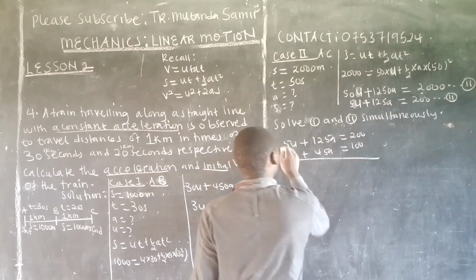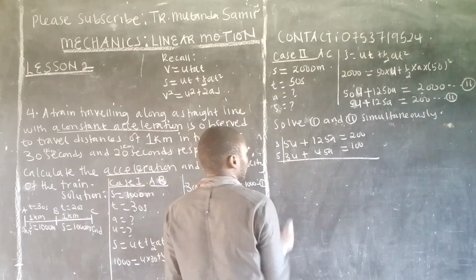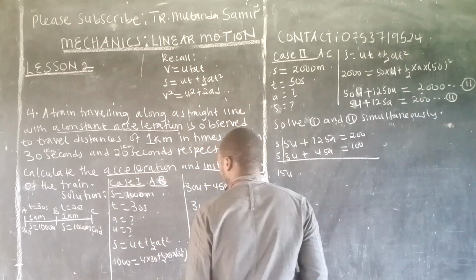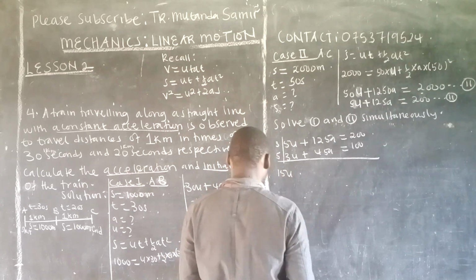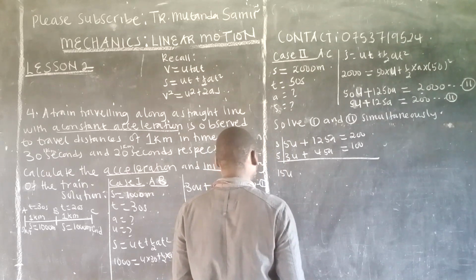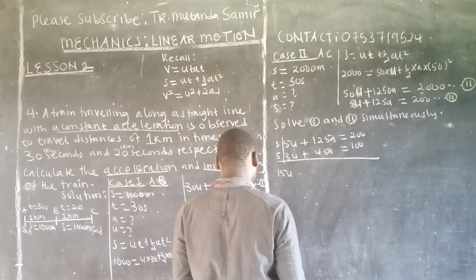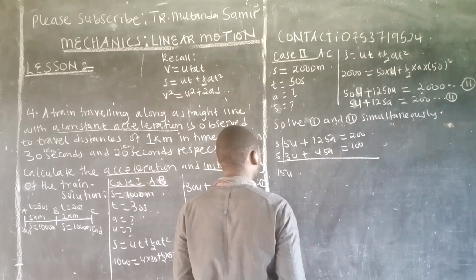All right. Let's use elimination. You see that here we shall put a 3, then here 5. And multiply, you're going to have 15u. And let's also press. 125 times 3 will give us 375.